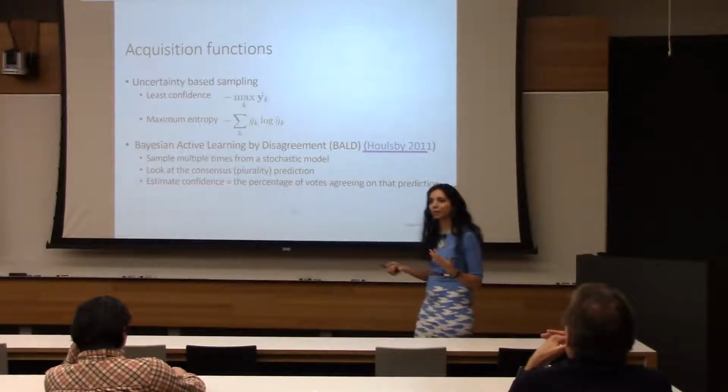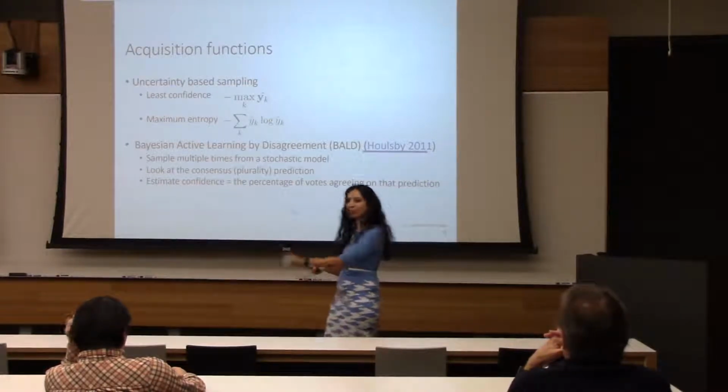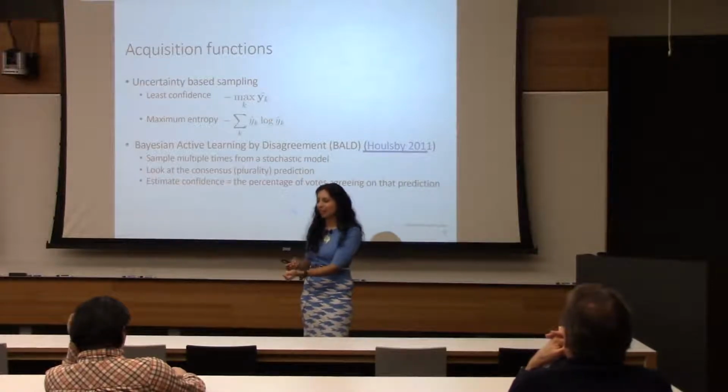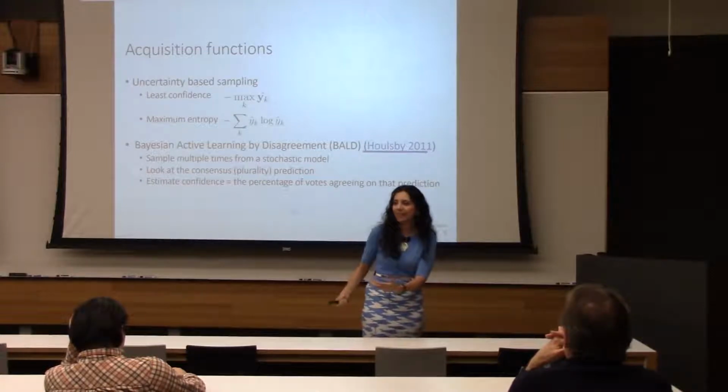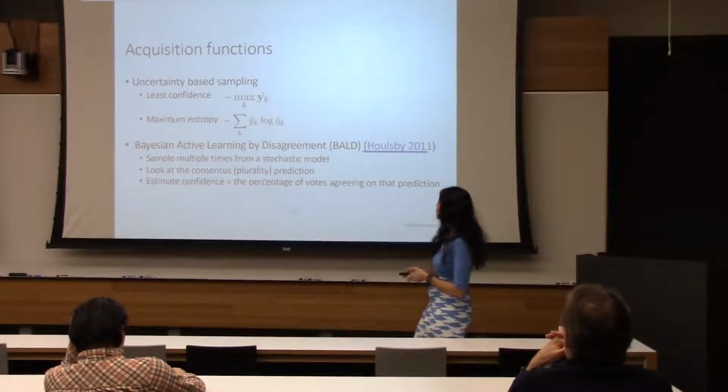That makes intuitive sense: you put your budget on the most uncertain samples, because that's when your model tends to get it wrong, so you'd rather ask the human for answers on those samples.